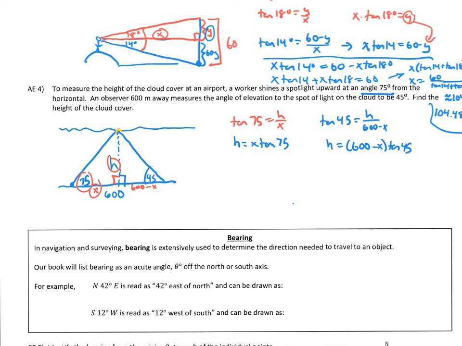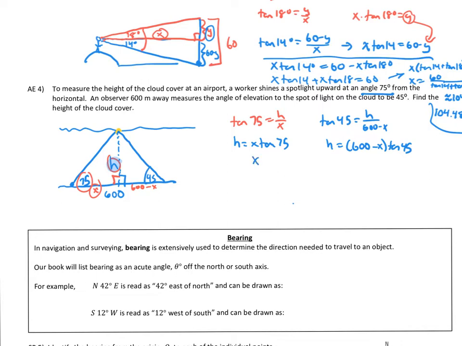And now I have 2 options in front of me. Do I want to put this in terms of h, or do I want to put this in terms of x? My thought is, my goal is to find h, which is right here. In order for me to find h, I would like to solve it for h, which means get everything in terms of h.